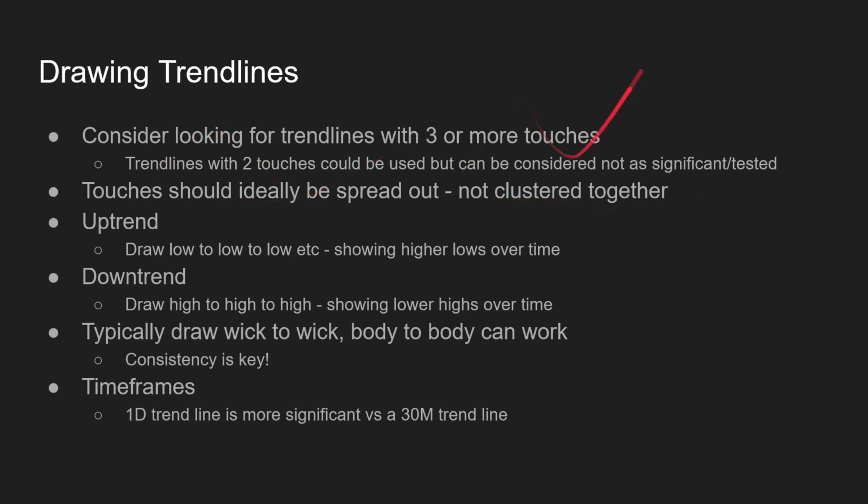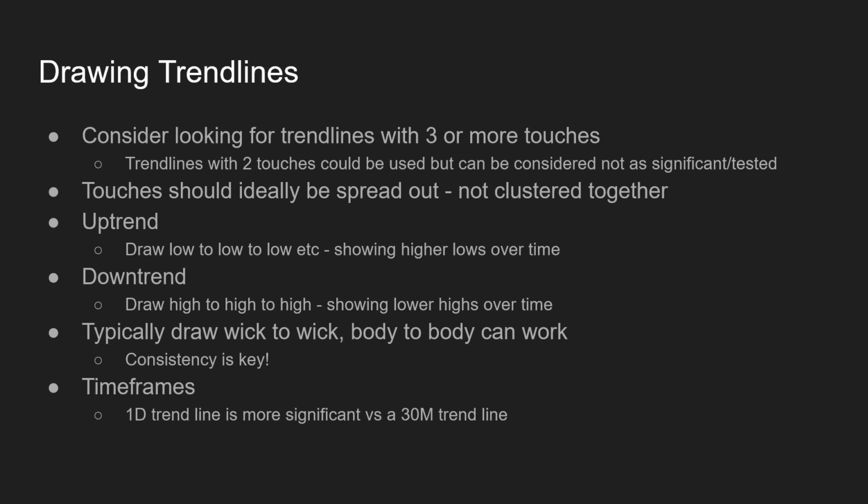We want to see a gradual test of those lines. Think of them as rounded tests. We want to see more rounded tests over time. And in an uptrend, you would draw low to low, showing higher lows over time. Whereas in a downtrend, you would draw high to high to high, showing lower highs over time.